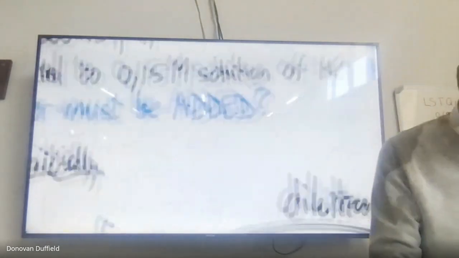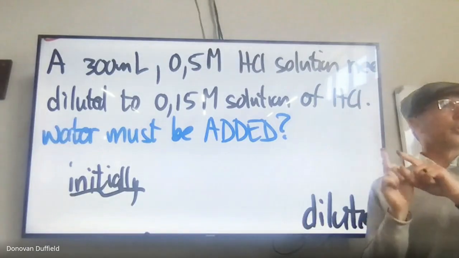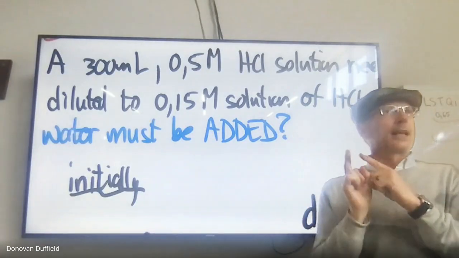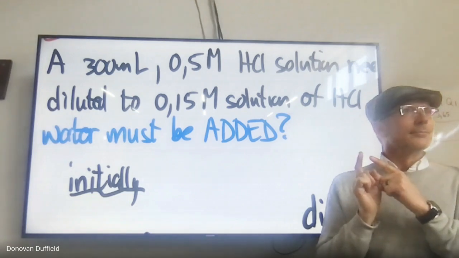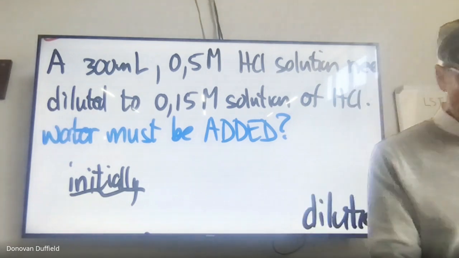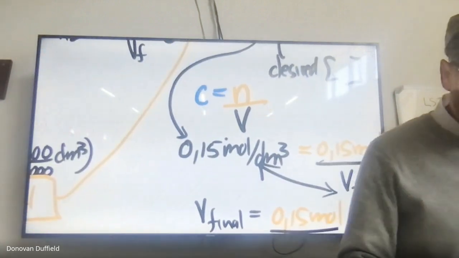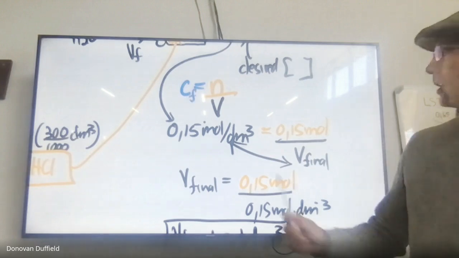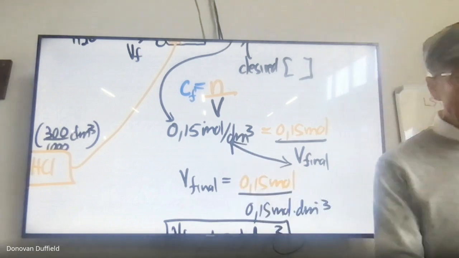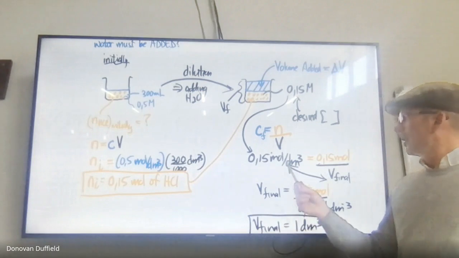They tell us that we want to dilute it to a 0.15 mol per cubic decimeter solution. We want to make a standard solution by dilution. So the concentration of the final solution is going to be 0.15, which is less than the 0.5 because we dilute.